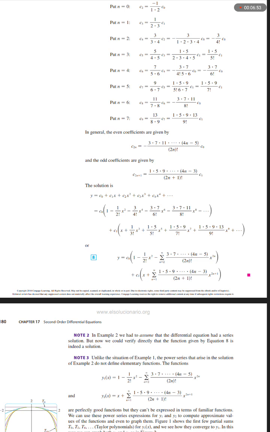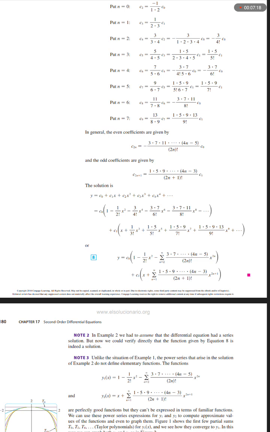Put n equals 6. C sub 8 equals 11 over 7 times 8 times c sub 6 equals negative 3 times 7 times 11 over 8 factorial c sub naught. Put n equals 7. C sub 9 equals 13 over 8 times 9.